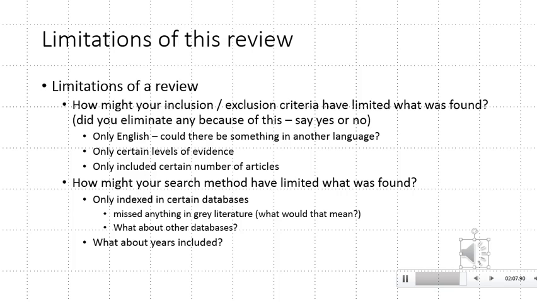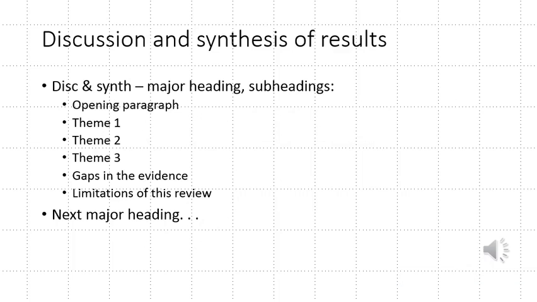There are a bunch of other databases that could be used. You don't have to be super thorough here, but be sure to address the fact that there are limitations. And of course, another big one about your search methods is the years that you searched. Okay, so that covers the limitations of this review, meaning this paper.